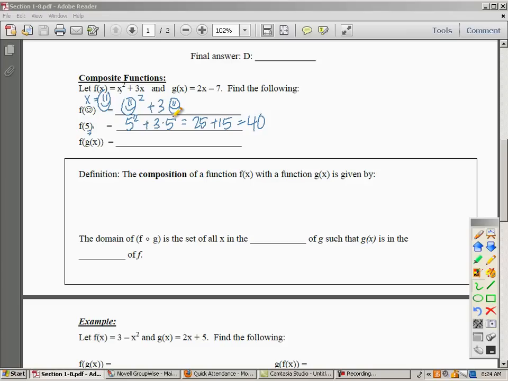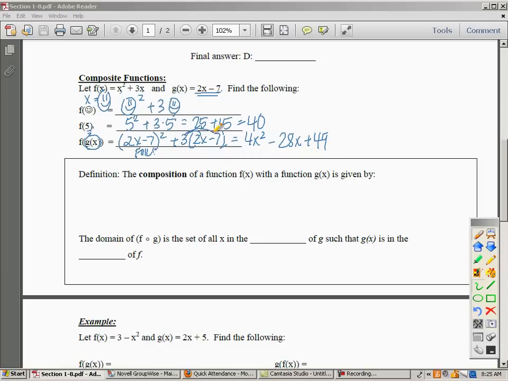The last one, we're doing the same idea. We're taking the g, and everywhere we see an x, we're going to plug in this 2x minus 7. So I have 2x minus 7 squared plus 3 times 2x minus 7. We again would ask you to simplify this. If I FOIL the first one, you end up getting 4x squared minus 28x plus 49.